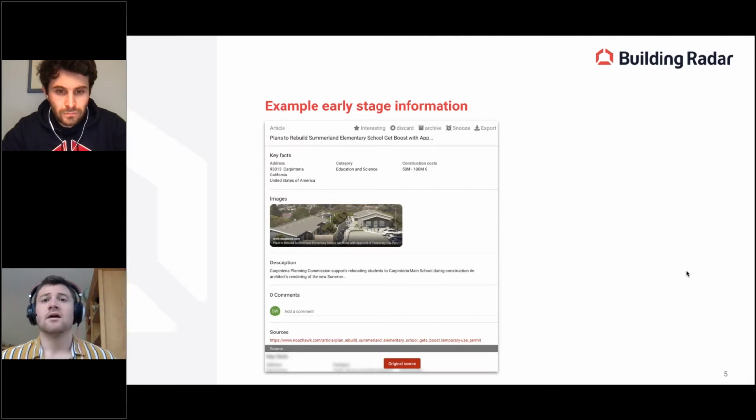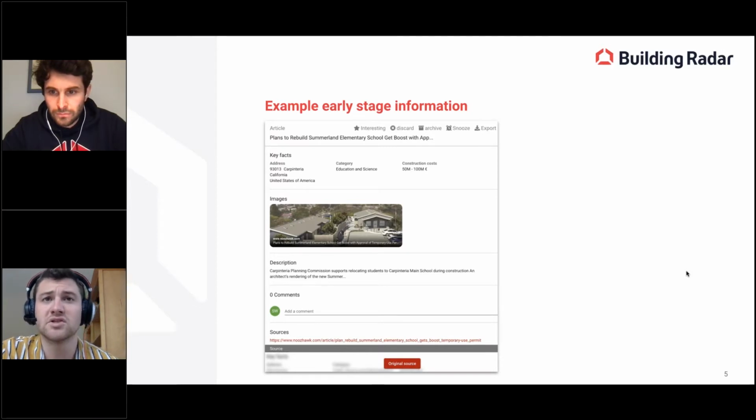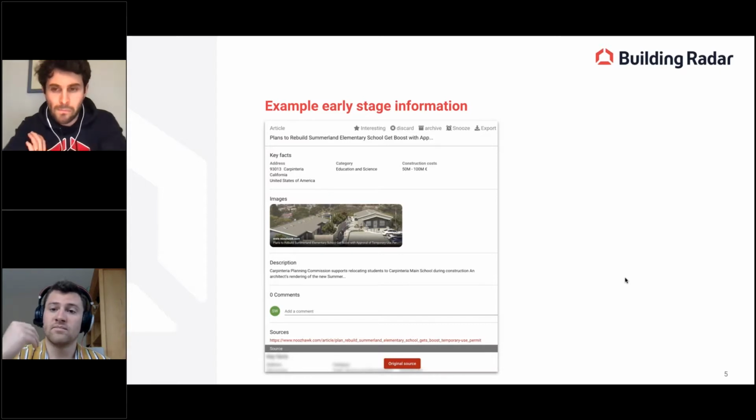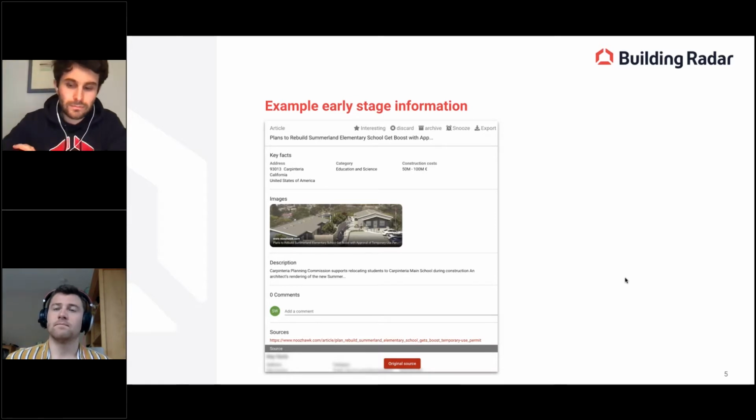This is a construction project to rebuild an elementary school. We can see the construction costs are between 50 and 100 million. The categories are education and science. We can also give you an address. In many of our leads as well, we can get into deeper information depending on the source of information we pull from, to include the companies that are active in it, architects that are active in it, and any sort of developments there are as well.